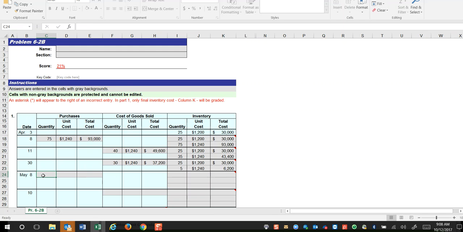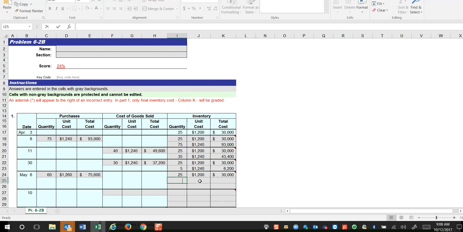Then I make another purchase. Now I purchased 60 and I paid 1,260, and the extension here is 75,600. I just multiplied 60 times 1,260. Now what they want to know is what my inventory looks like. Well, I've still got those 25 at 1,200, equaling that $30,000.